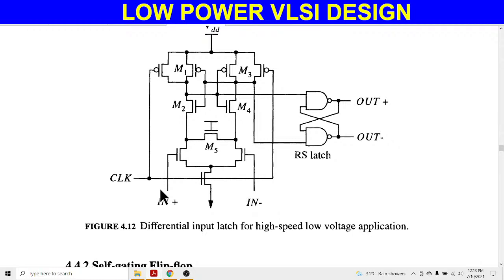Sometimes M2 and M4 move to the floating region. So to bypass this stage, we connect this M5 here. It provides a direct path to the ground, so because of M5 it eliminates the floating stage of M2 and M4.